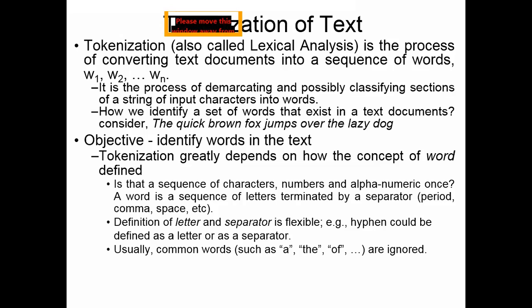Now, one of the issues for tokenization is defining the word itself. What does a word mean for information retrieval system? Does a word mean a sequence of alphabets, or a sequence of whatever character, including numbers, including punctuations? Such things should be decided.